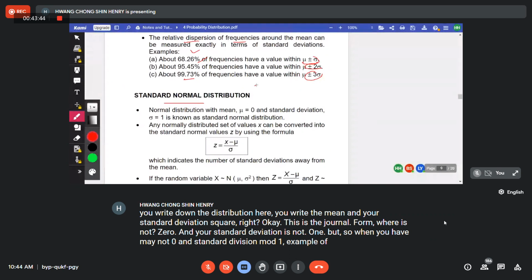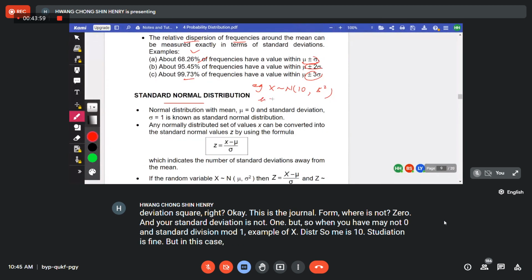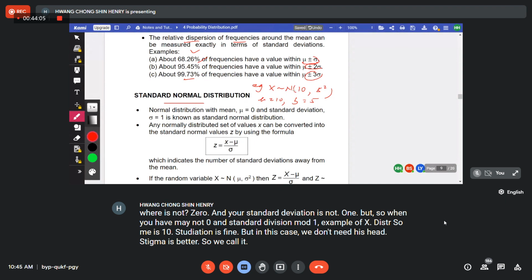Example, x distributed as normal with 10 and 5 squared. So mean is 10, standard deviation is 5. So in this case, mu is 10, sigma is 5. We call this one non-standard.